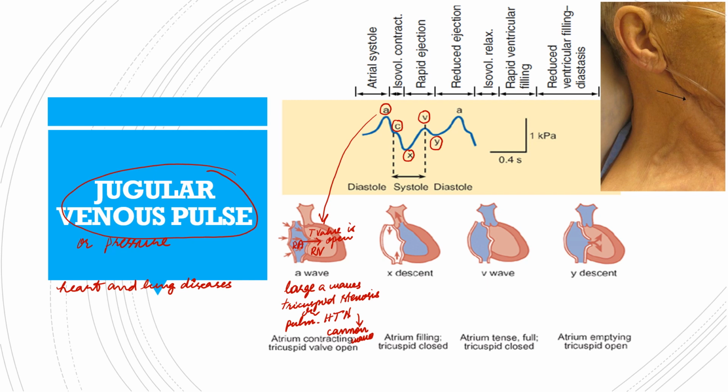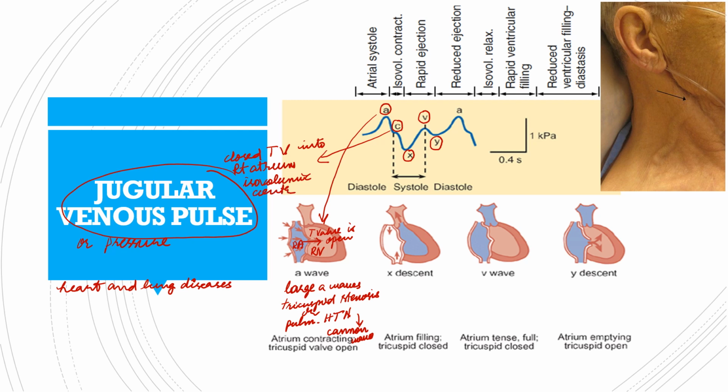Then is the C wave. The C wave appears due to bulging of the closed tricuspid valve into the right atrium at the start of isovolumic contraction.